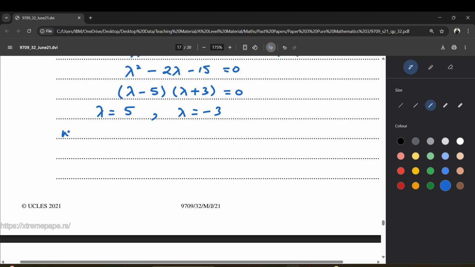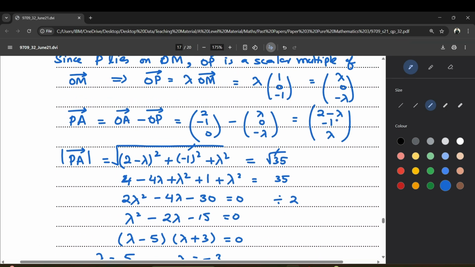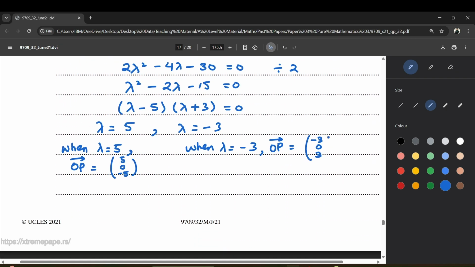When lambda is equal to 5, OP is 5, 0, minus 5. And when lambda is equal to minus 3, OP is minus 3, 0, positive 3, because over here we have minus lambda, so minus minus becomes positive.